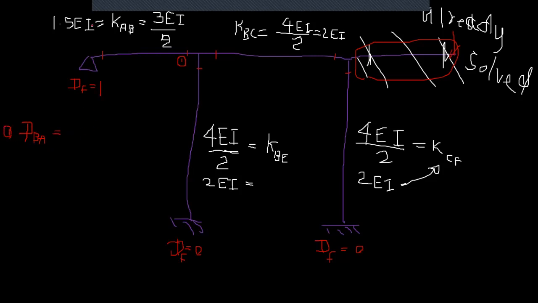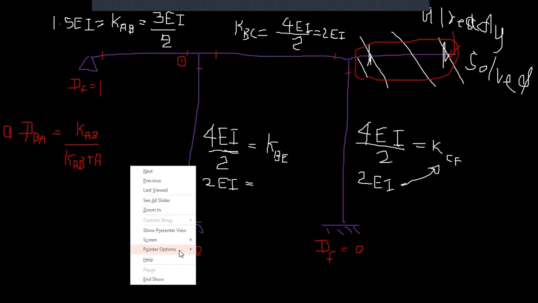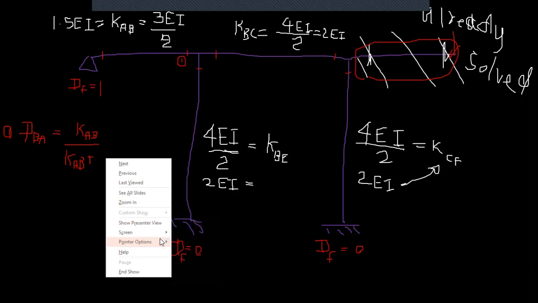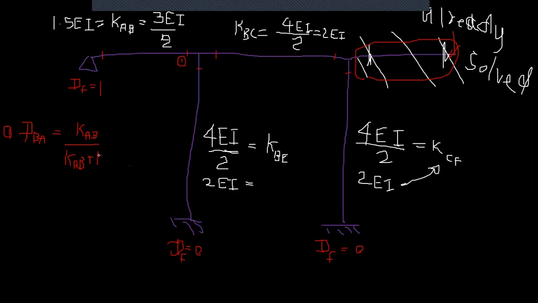So I need to know what this is here. The stiffness of that member is KAB over the total stiffness, KAB plus KBC, because this beam is joined, and KBE is coming. So KBE.